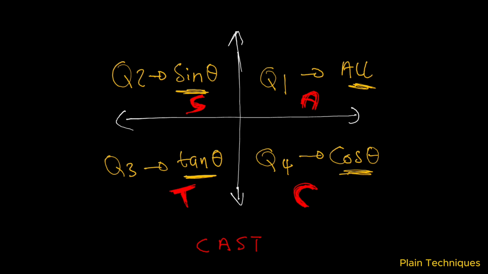So C is positive on the 4th quadrant, A, all of the trig functions are positive on the first quadrant, S is positive on the second quadrant, and T on the third quadrant.